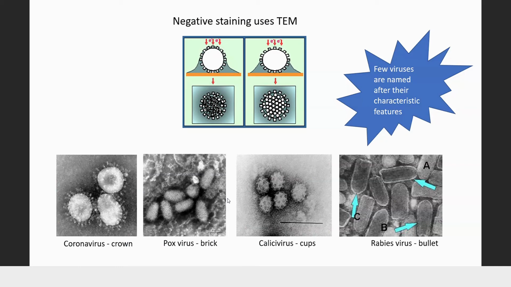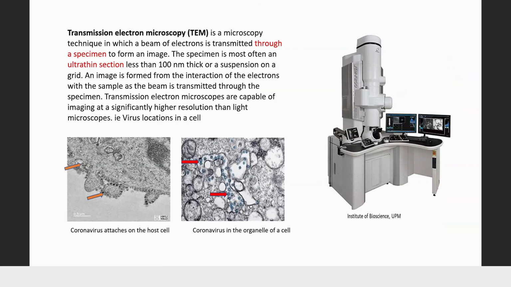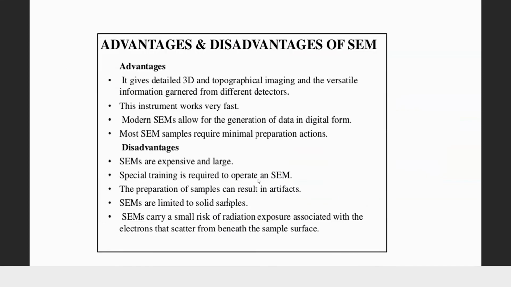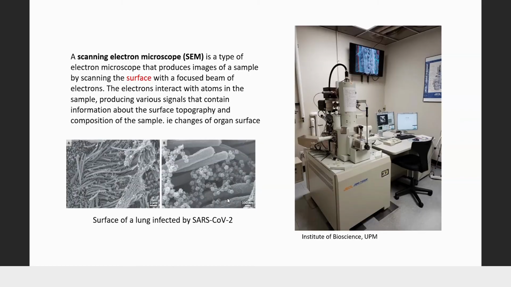Yes. I just wanted to ask, is it the same for the right picture? Is it this one that I'm showing now? No, the colored picture. The color picture. This one. What's the title of the slide? Negative staining using TEM, in the slide just now.